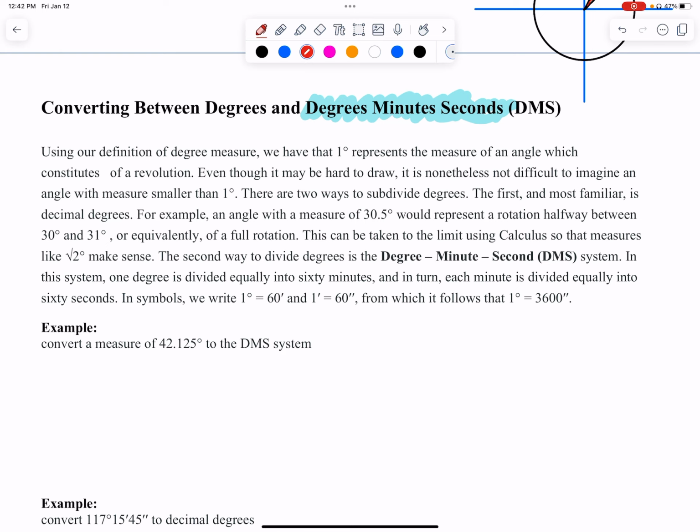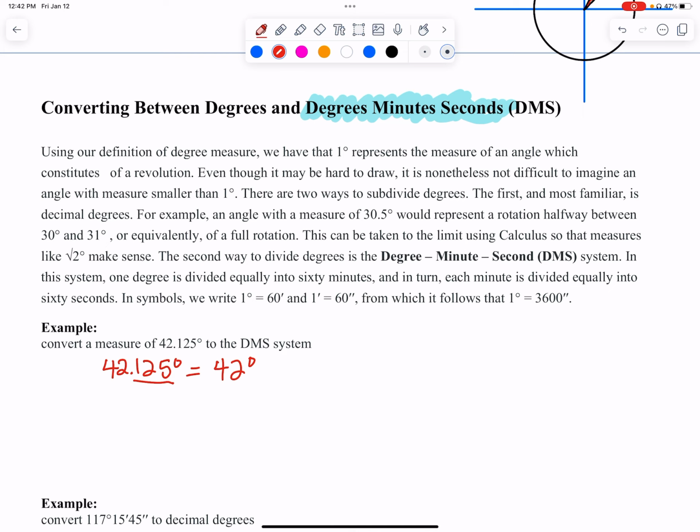So the first thing we're going to do is take 42.125 degrees. And how we work this out is we're going to say, this is 42 degrees. And then this 0.125, remember, that's a fractional part of a degree.